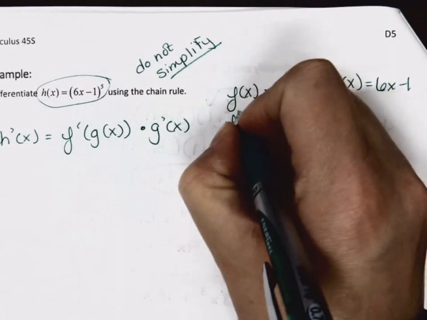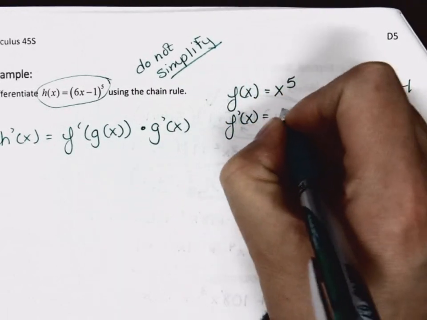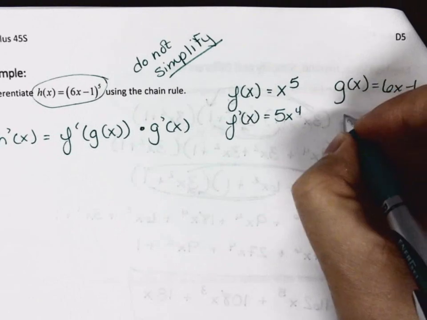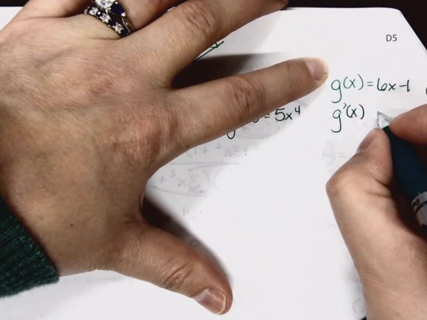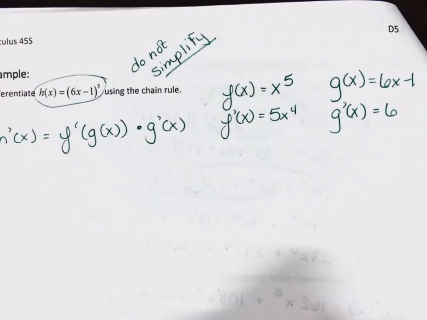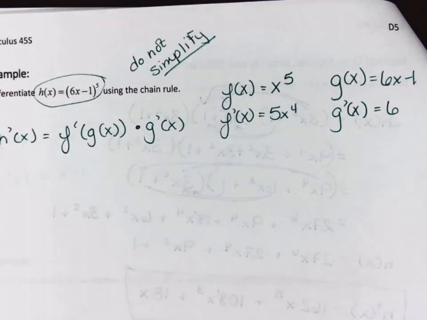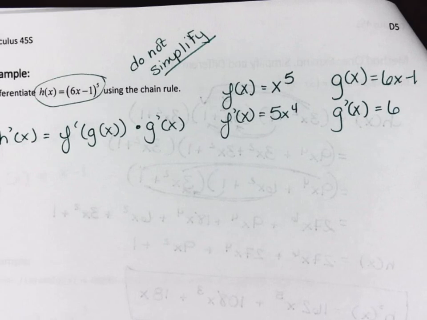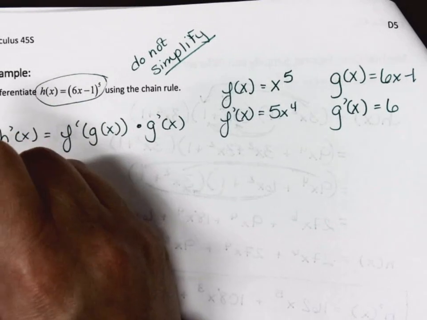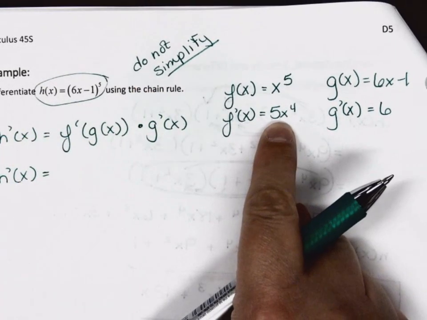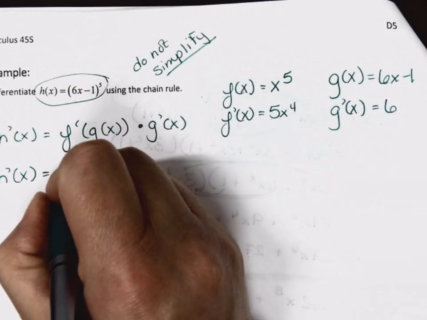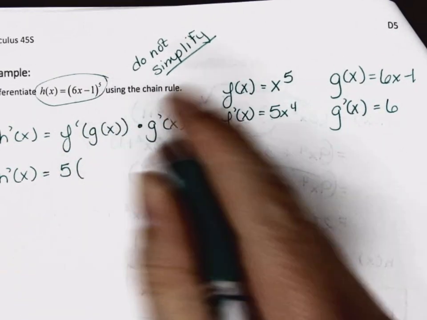So if I do the derivative for f of x, if I do the derivative for g of x, and I'm just using my rules from D3 to do this quickly. All right, so now we're going to put it all together. So we take the derivative of f of x, that's our outside function.